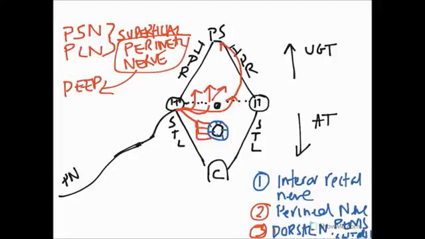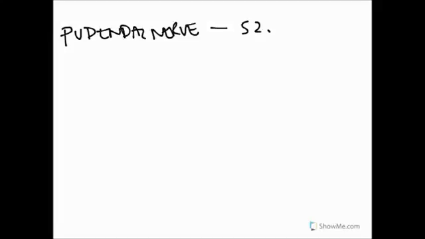So let's move on and let's just summarise then by naming these particular branches. So we've got the pudendal nerve, and we know roughly where it goes. It comes from S2, S3 and S4.